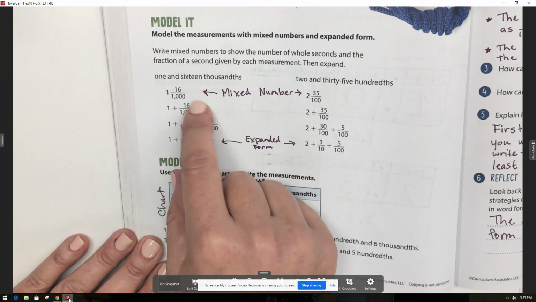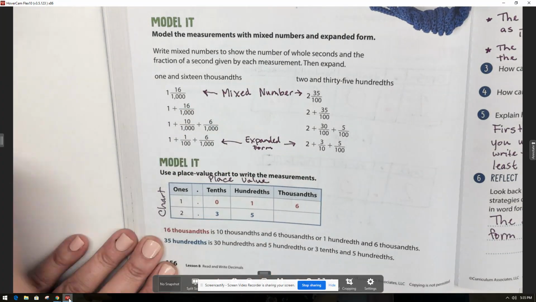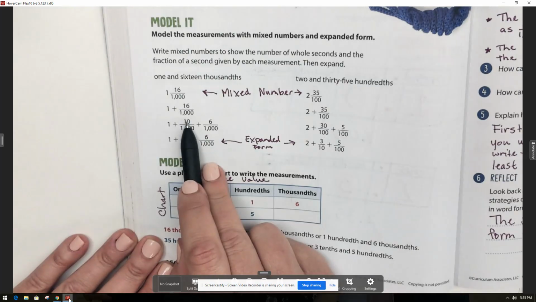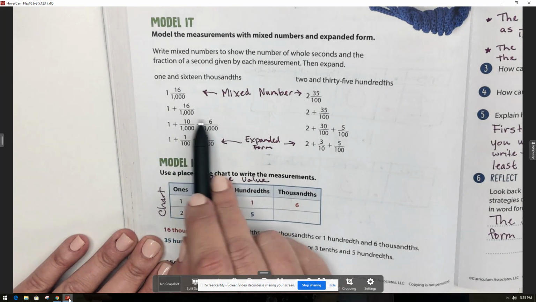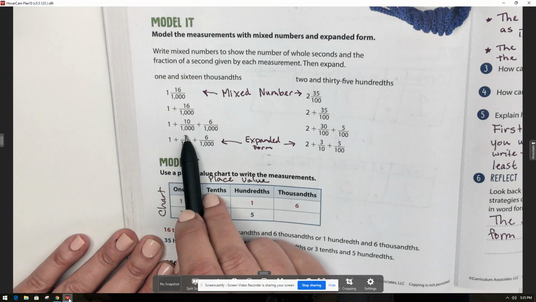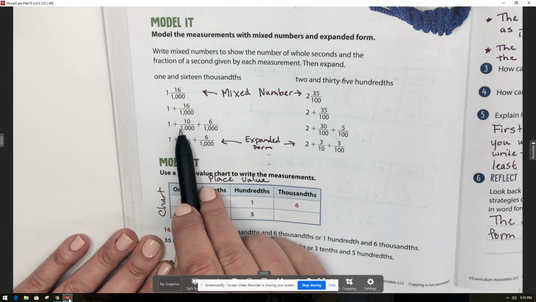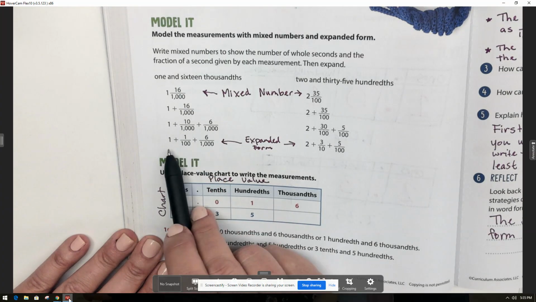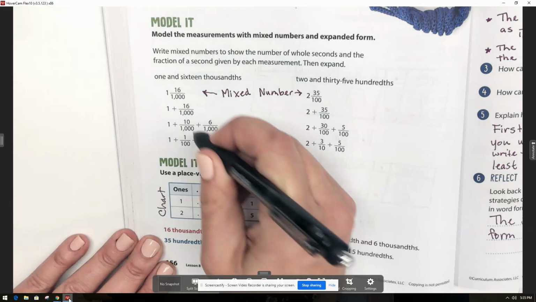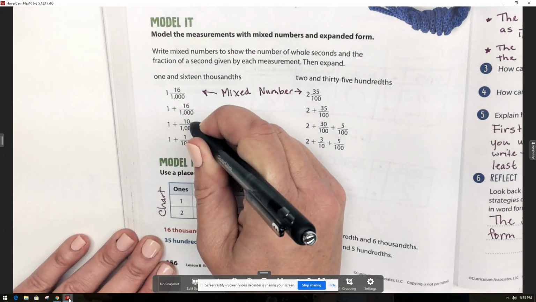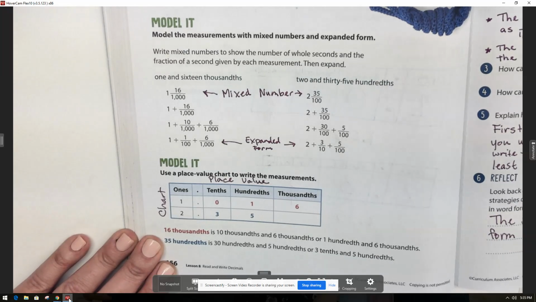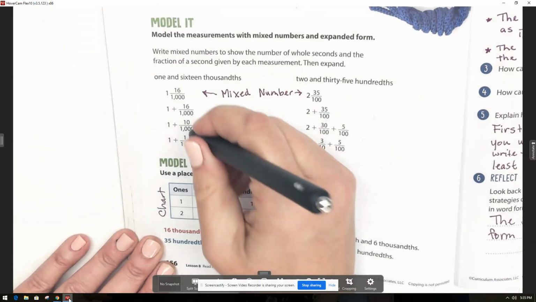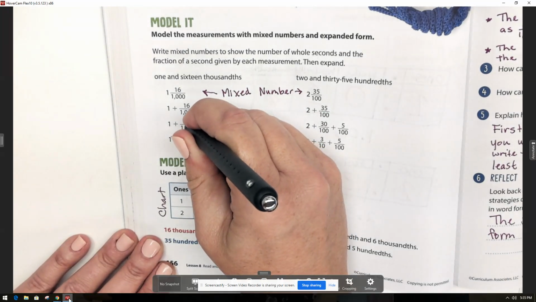Then we can break apart this 16 thousandths as 1 plus 10 thousandths plus 6 thousandths, because we broke apart the 16. And then we can reduce this fraction down. Whenever you have a 0 at the end, just like in the last lesson where we added zeros to make it equivalent, in this case, we can actually remove a 0.